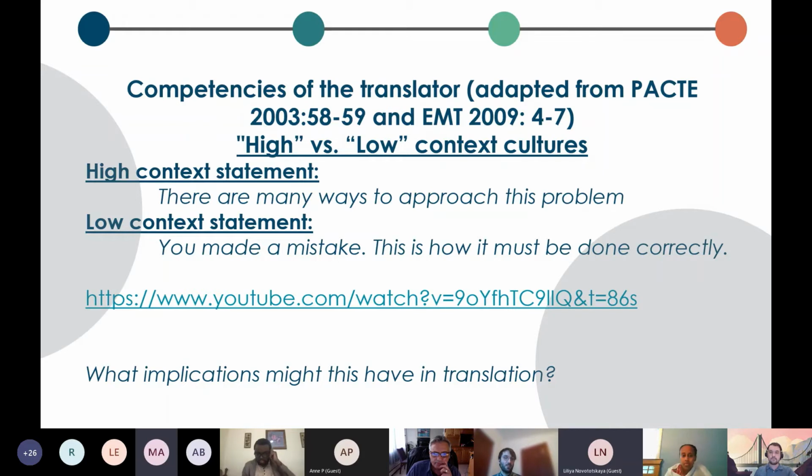Certain ways of saying things might be considered, they might perceive a character to be incredibly rude. Whereas, you know, somebody like an American reading it, for example, might not bat an eye at the text. Yeah, right, exactly.